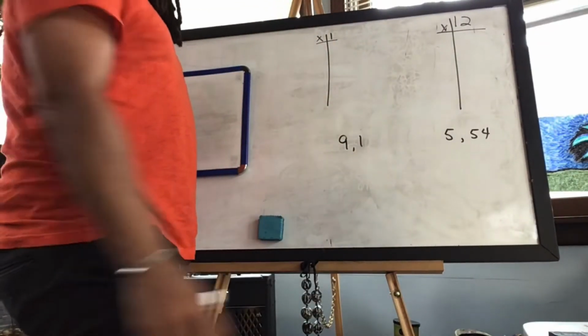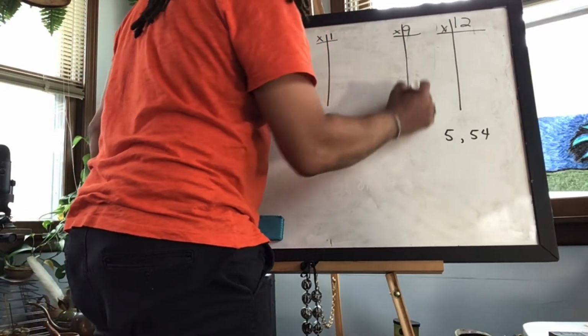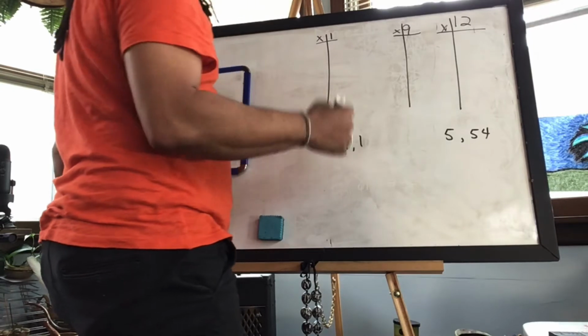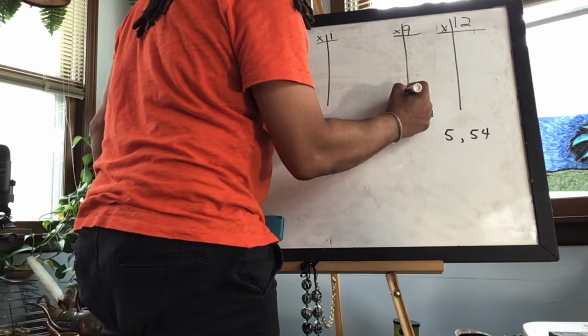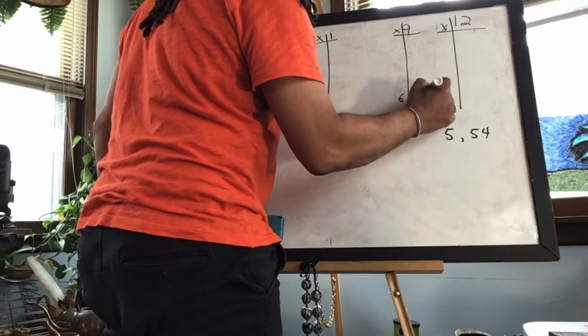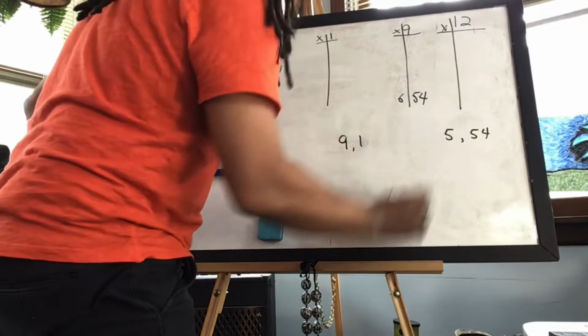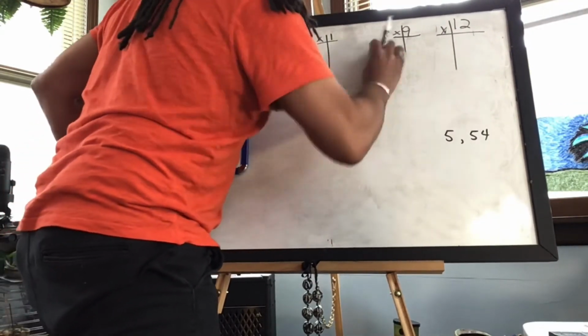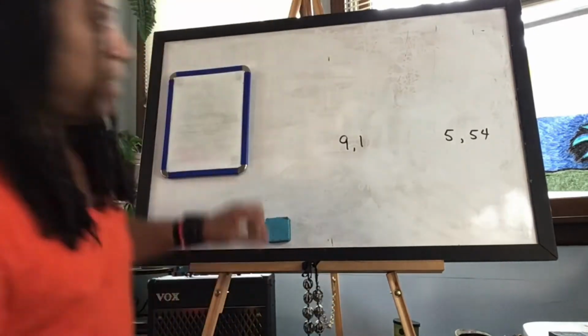Somewhere in there is the 9 times. 9 times 6 is 54. So yeah, 54 can be in there if we are introducing multiplication and division.